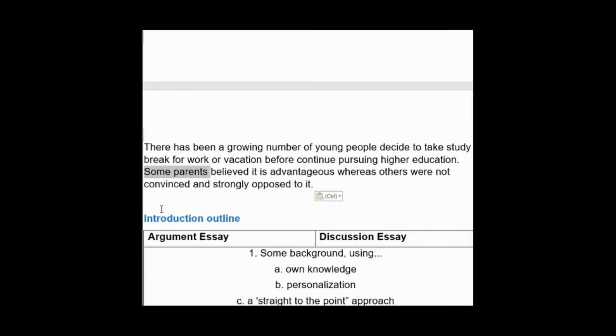So it could be that their parents are concerned about this, or maybe educators, or maybe people in government, or maybe some specific group of people. But don't just say some people believe it is blah, blah, blah. Be specific about the group of people who you think have a particular opinion on this issue that you're writing about.